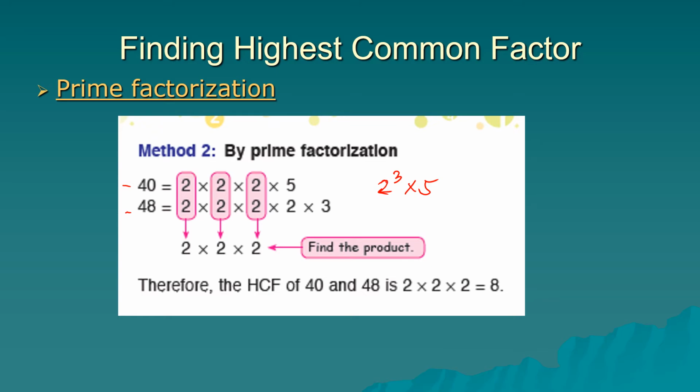So we'll just write the prime factorization of these numbers as it is. And then for 48, we have 2 times 2 times 2 times 2 times 3. And then we are getting all the common factors of 40 and 48, which are 2, and there's another 2, and there's another 2.